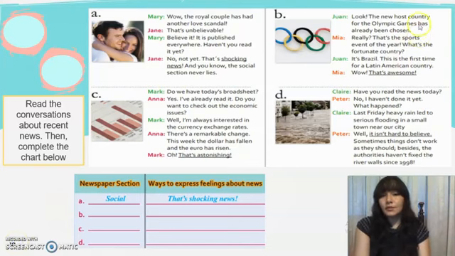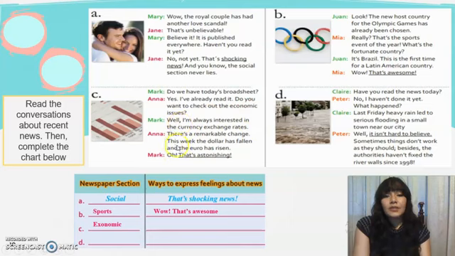So let's check the activity. The first one is already done, so let's continue with the second one. Here we are talking about Olympic Games, so that means that the newspaper section is sports, and also I could find the expression "that's awesome," so I have to write that expression here. In the third one we are talking about economic issues, so that's why the newspaper section could be business or directly economic news.